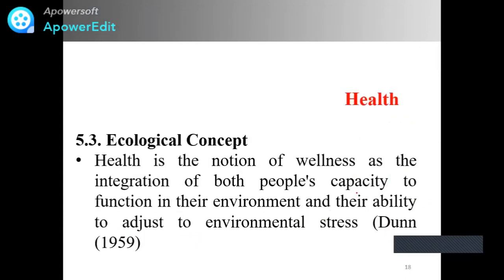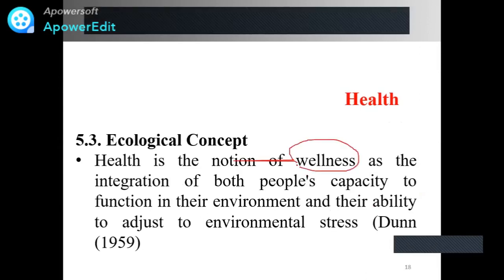Then according to the OAS in 1959, health is the notion of wellness as the integration of both people's capacity to function in the environment and the ability to adjust to environmental stress. Here, environment means not the natural environment, but the surroundings.